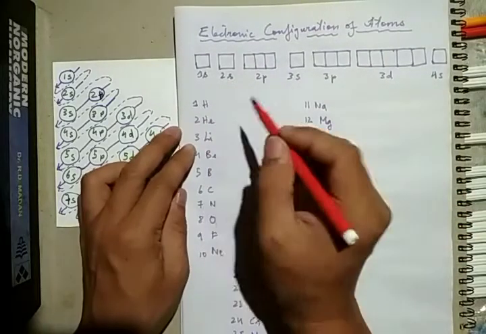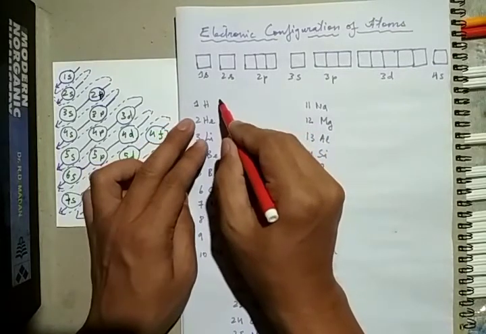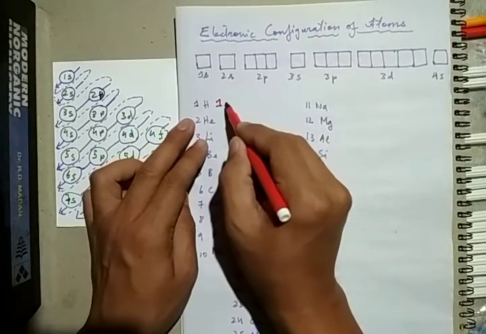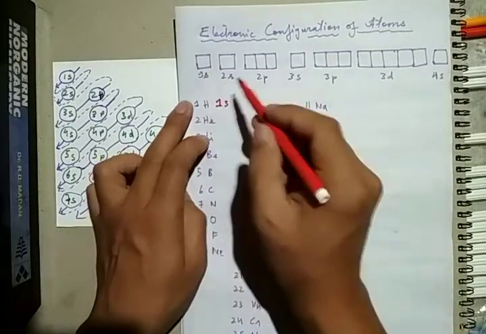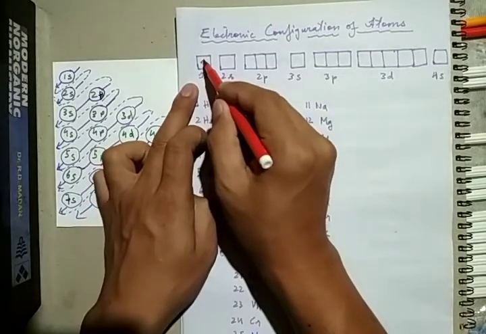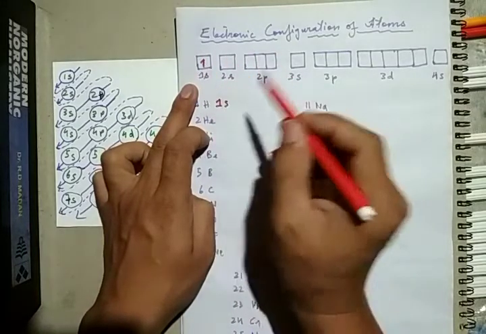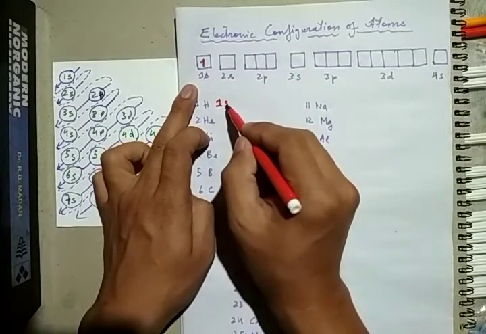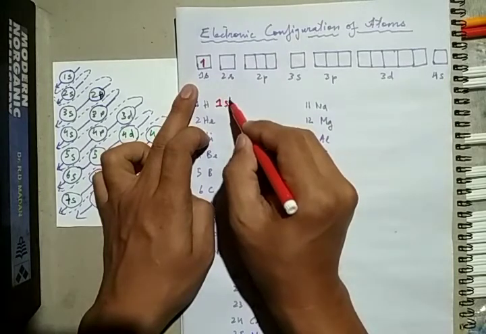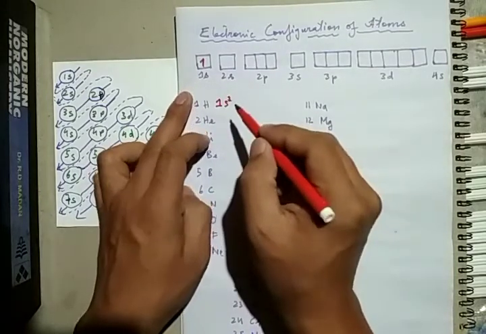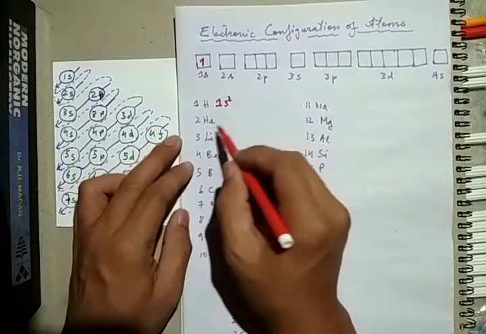For hydrogen, 1 electron, so it will be written as 1s1, to represent that 1 electron is present in the s orbital.